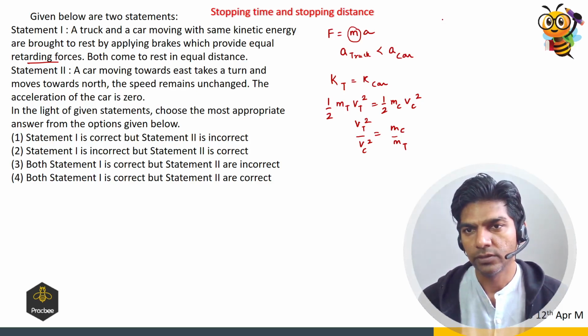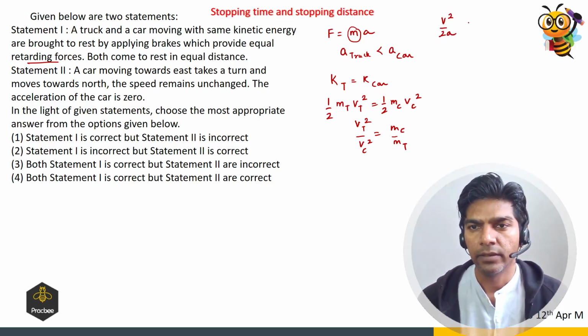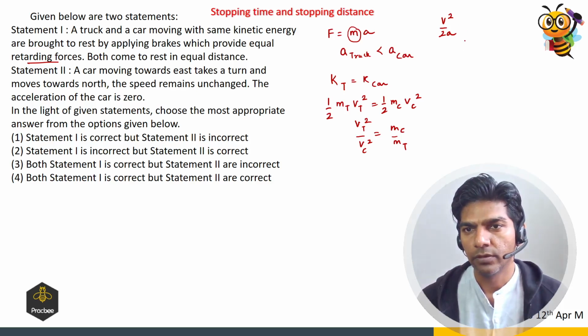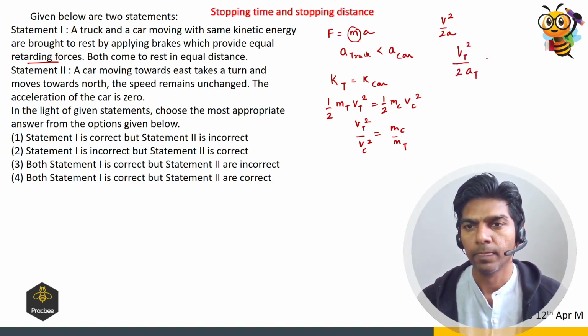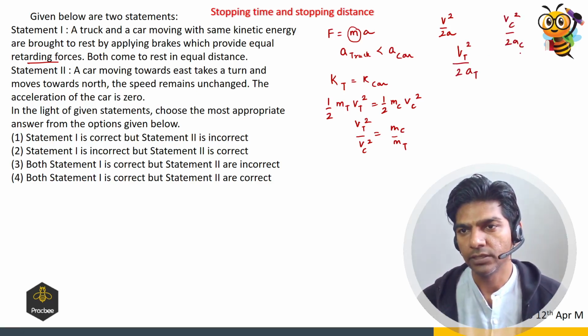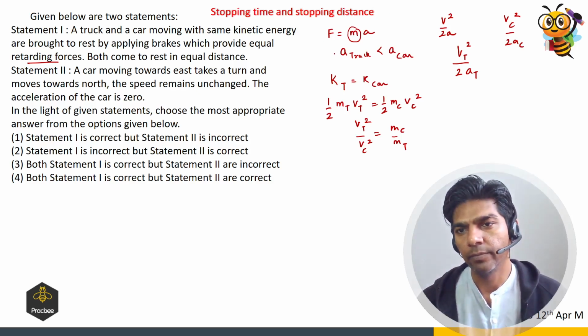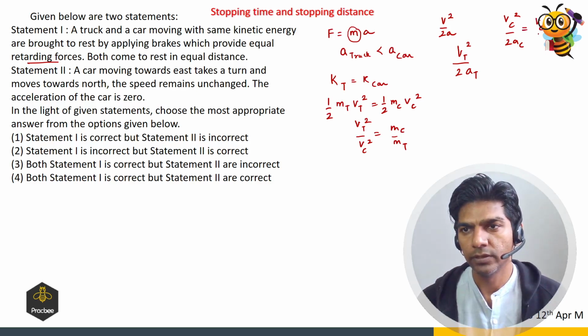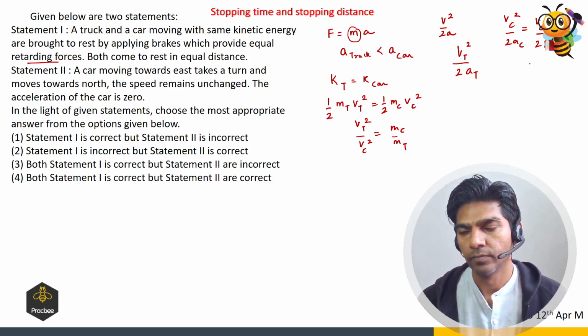And we know that stopping distance is given as v square by 2a, right? So for the truck this will be Vt square divided by 2at, and for the car it will be Vc square divided by 2ac, and ac is nothing but f by mc. So that can be written as Vc square divided by 2f by mc.